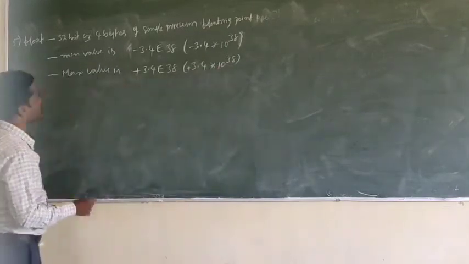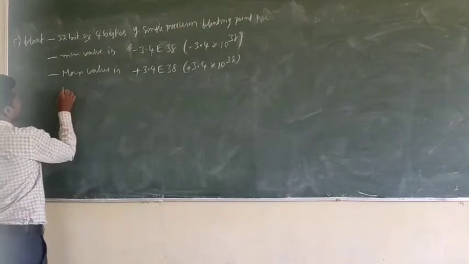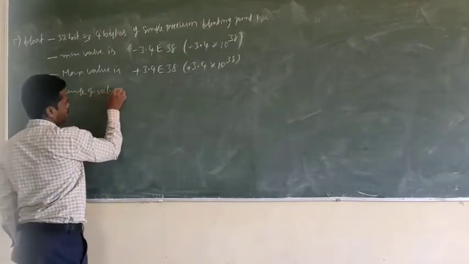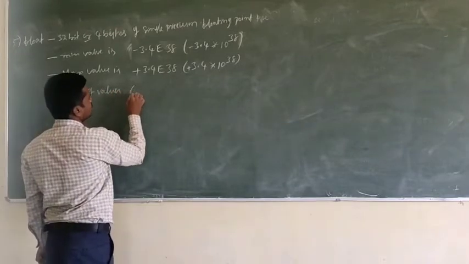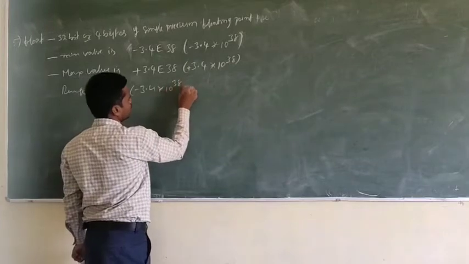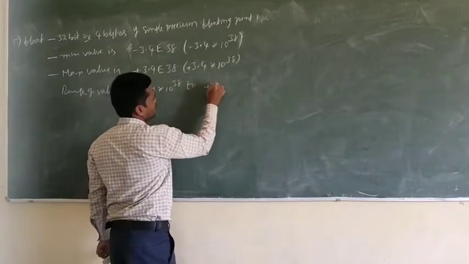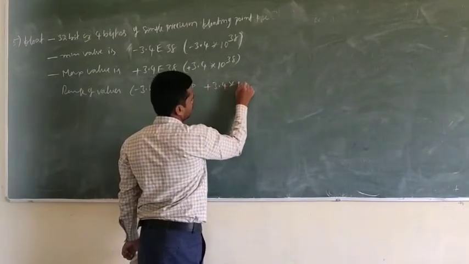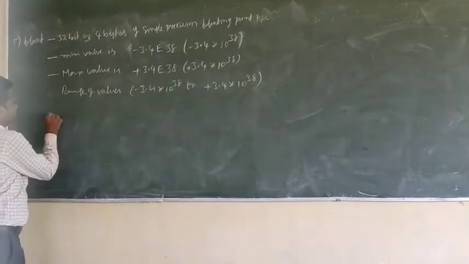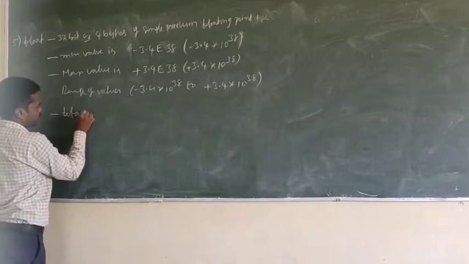This is the range of values of float, that is minus 3.4 into 10 to the power of 38 to plus 3.4 into 10 to the power of 38.